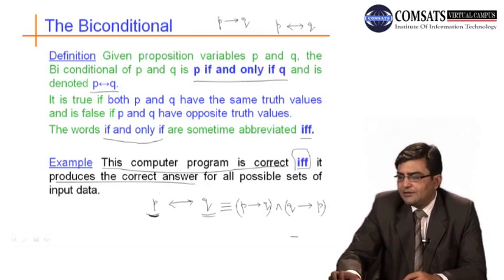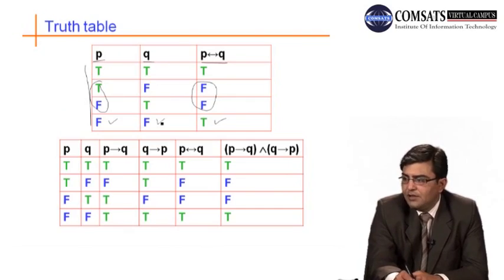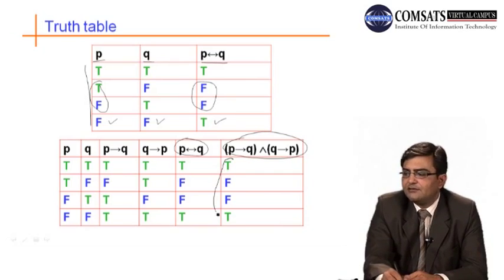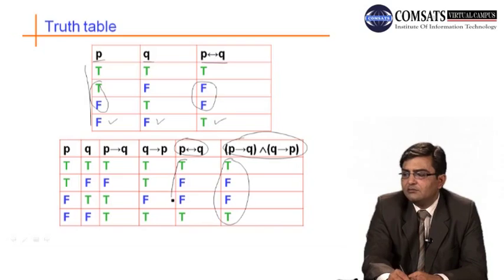By using a truth table we can see that P biconditional Q is logically equivalent to P implies Q and Q implies P, as the truth values in this column and in this column are exactly the same.